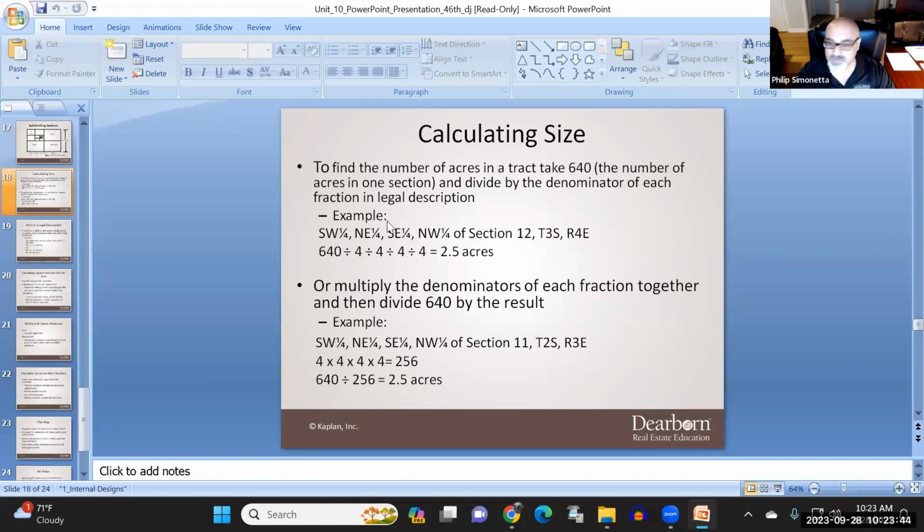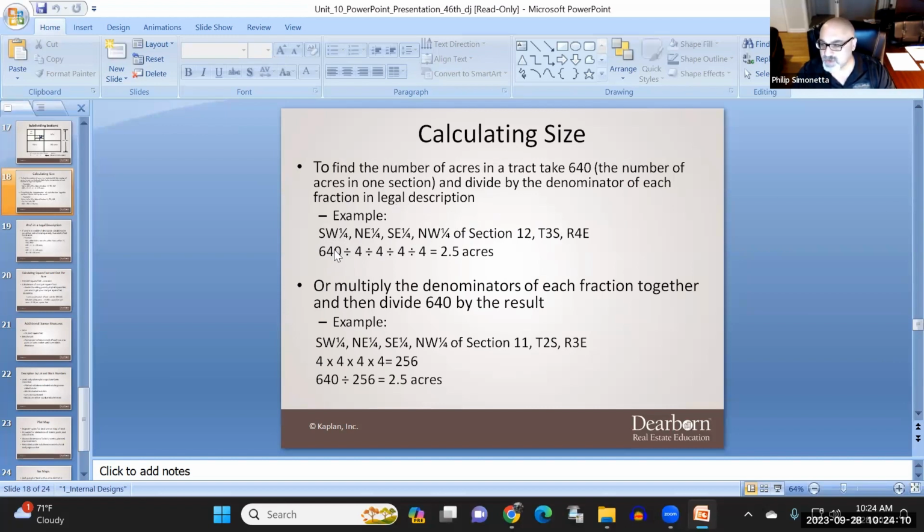It's very simple. It's not confusing at all. So this is telling you an example. The southwest quarter of the northeast quarter of the southeast quarter of the northwest quarter of section 12, township 3S R4E. The way you calculate this, you always start with 640 acres, right?